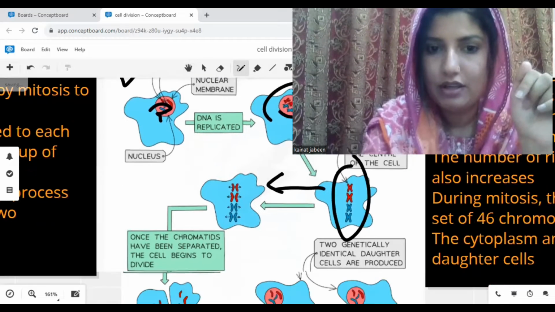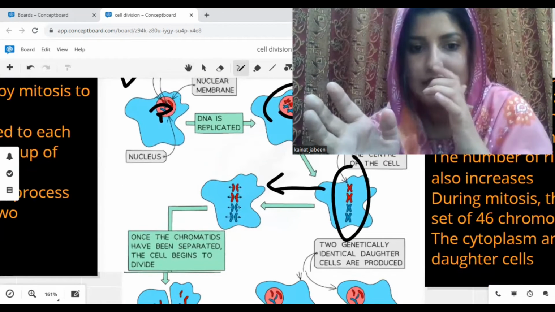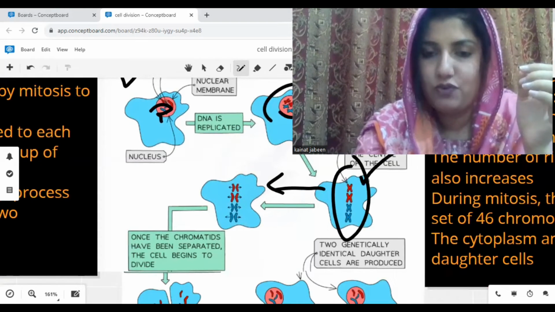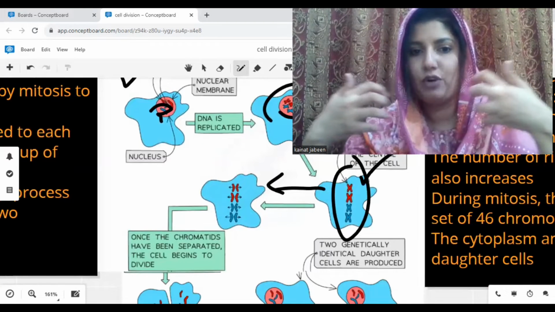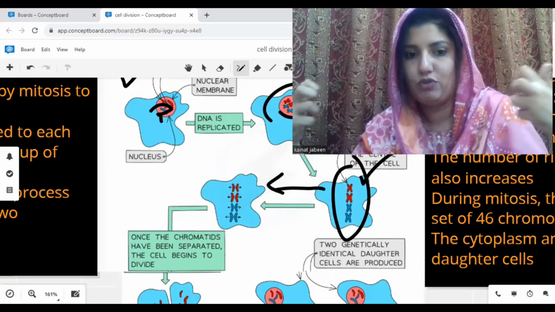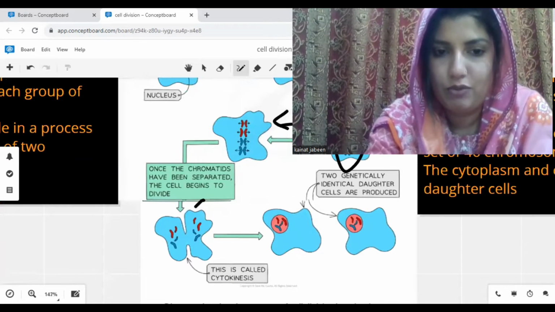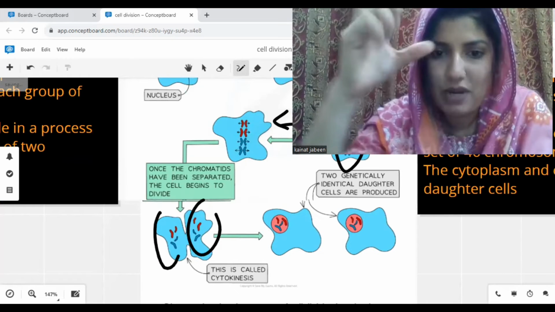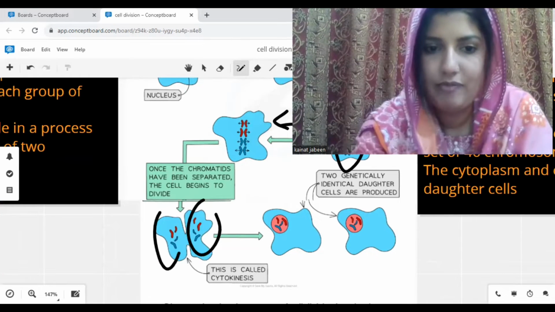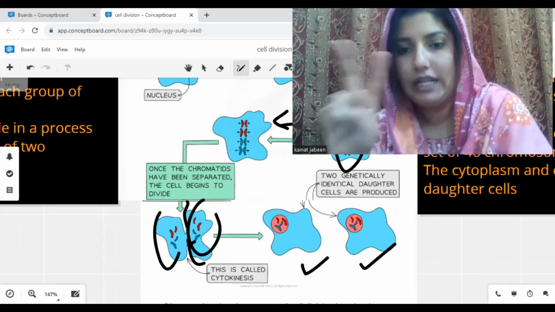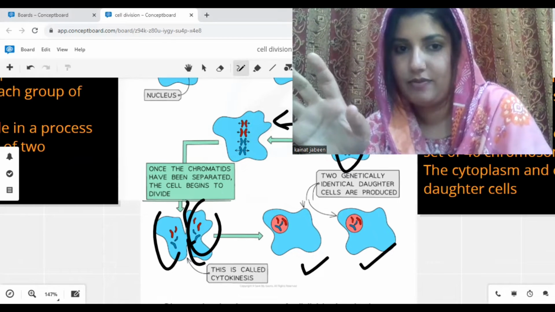Next, once the chromatids have been separated, the cell begins to divide. How? The arranged ones move apart from each other. The sister chromatids move apart, and you can see it here. When they move to the sides, the membrane pinches inward, as I told you before, and they form two identical daughter cells.